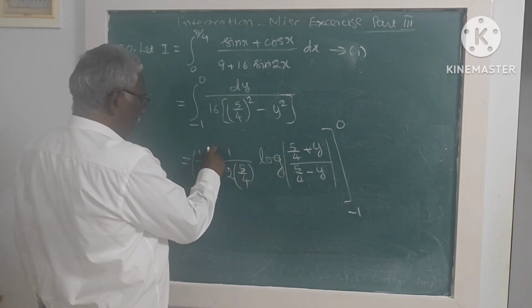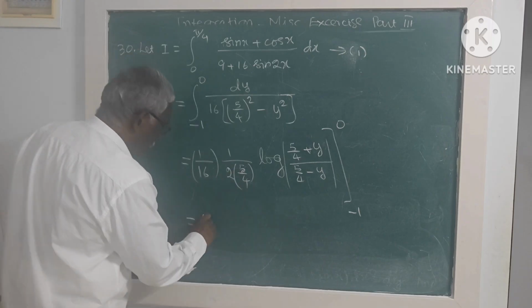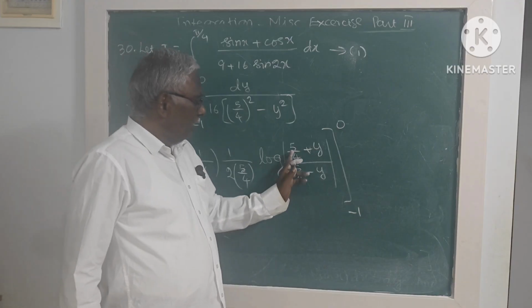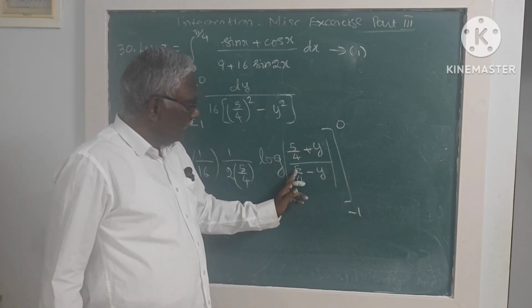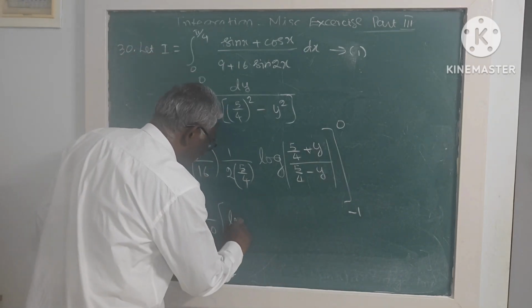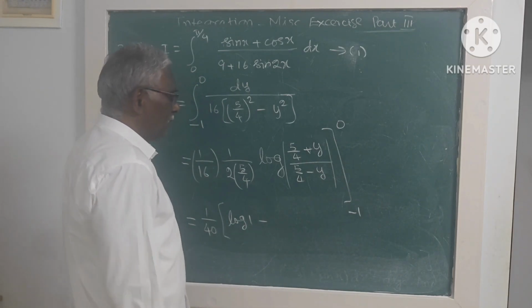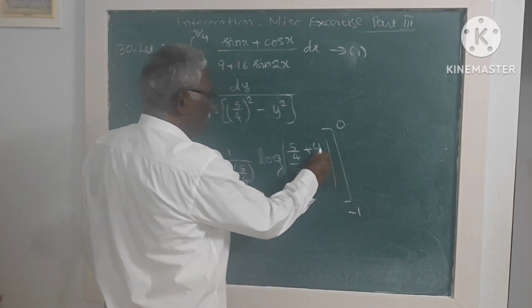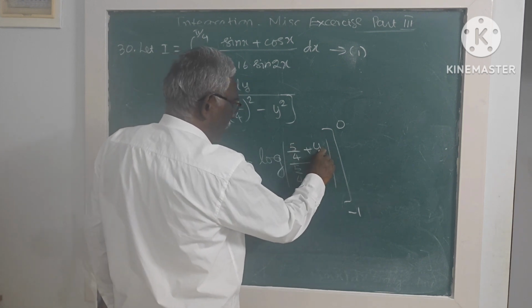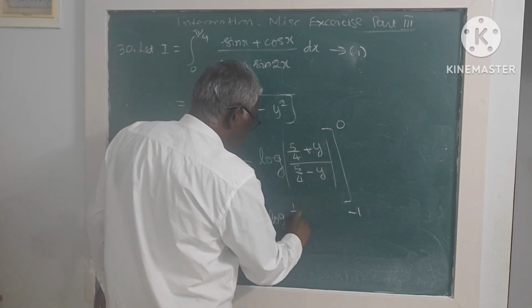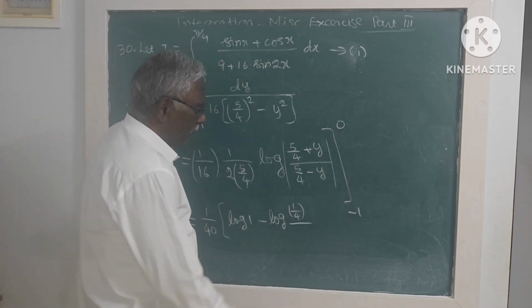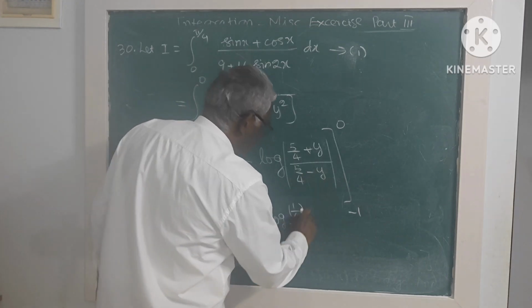So this becomes 4, 8, 40, 1 by 40 times. Put y is 0: log of 5 by 4 plus 0 by 5 by 4 minus 0 will become log 1. Minus, then put lower limit y is minus 1: log of 5 by 4 minus 1 by this minus 1 means it will become 5 by 4 plus 1, so 9 by 4.